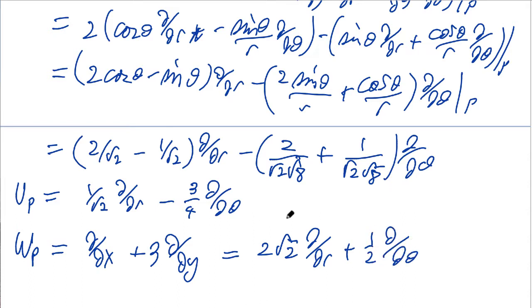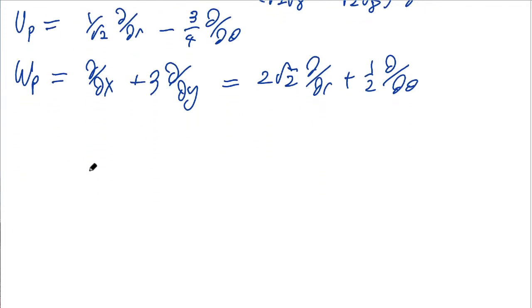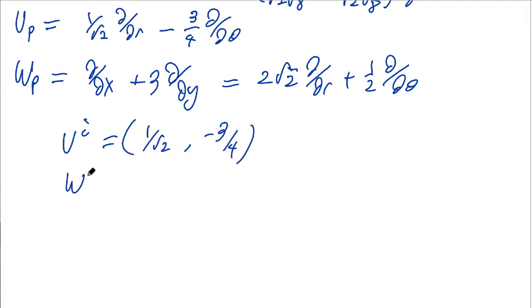Now we want to take the inner product of these two vectors, and we now express them in polar coordinates. So the components are 1 over square root of 2 and minus 3/4 for v, and for w, at point P, we have 2 square root of 2 and 1/2.